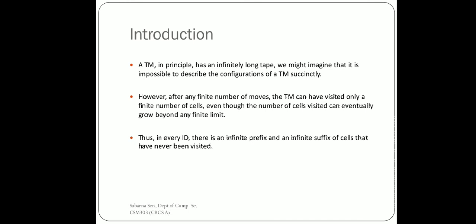So we have to keep the tape in such a manner that whenever the processing goes beyond a finite limit, space should be there in the tape. We should keep the cells ready. That's why those cells are initialized with blanks and kept in the tape beforehand.